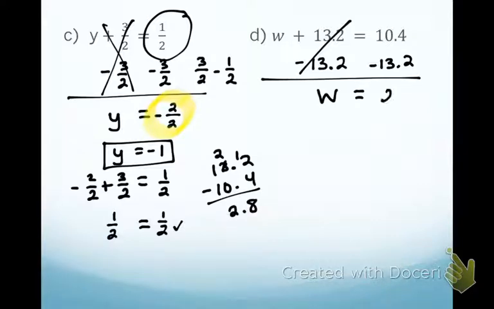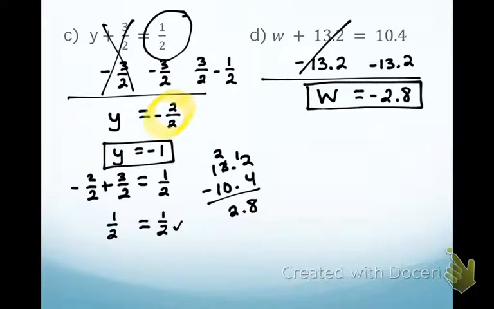Okay, and is that positive or negative 2.8? Why is it positive? Because the bigger number is positive. They're both positive. The bigger number is what? Positive or negative? Negative. Look at this right here, guys. Negative 13.2 is bigger than 10.4. Okay, so looking at that, guys, is it positive or negative? It is a negative. So your solution is negative 2.8.